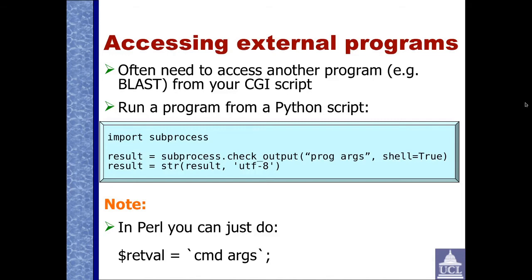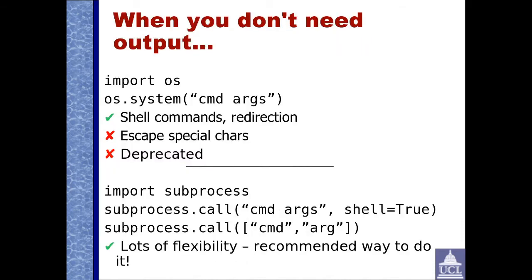In some cases you might not need the output, you might be just logging some information, for example, into something else like a relational database. So when you don't need the output, then we have other ways of doing this.